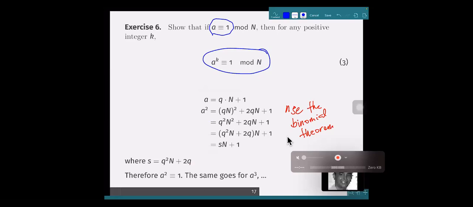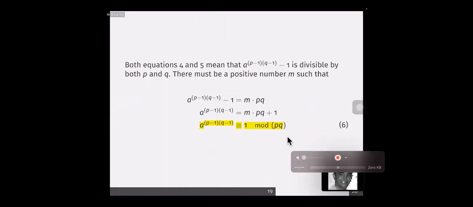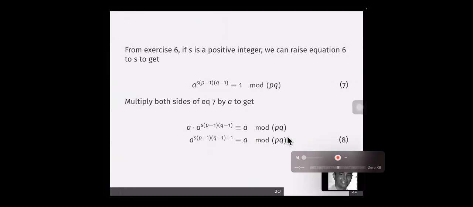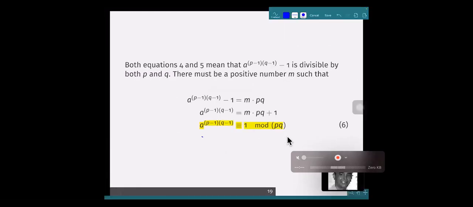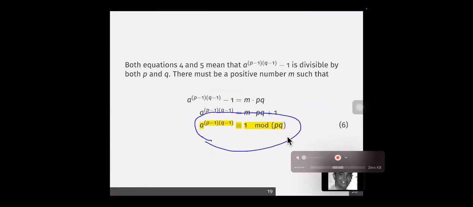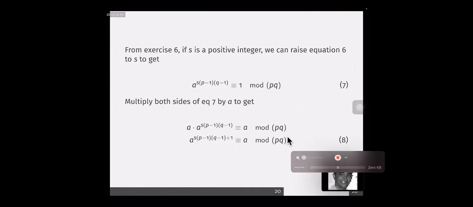So in other words, since this one is equal to 1, then we can raise it to the power S, where S we don't care, as long as it's any number. So if we raise it to the power S, you get this.